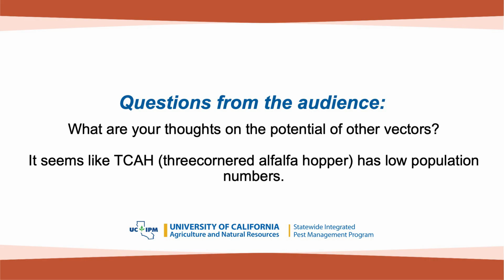So there are a lot of points in that process where the virus could be expelled by the insect, or could be recognized as a foreign particle and isolated within the insect. And so the likelihood that there are going to be vectors that are not within the same family of insects is very low. There are really only two treehoppers in California that occur in vineyards, and those are Tika, three-cornered alfalfa hopper, and tortoiseless. So the odds of there being another vector of importance in vineyards in California are really low.